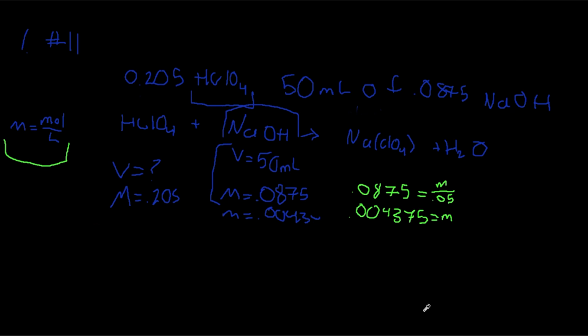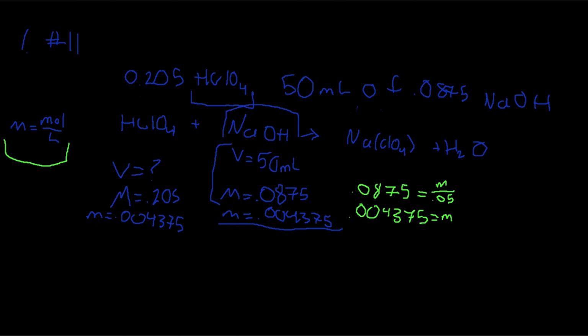Let me fix that 7. Now that we know this, since it's a 1-to-1, that means m equals 0.04375 for the acid as well, and now we have everything we need to solve for volume.